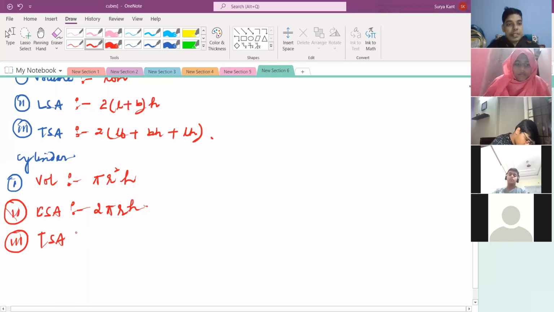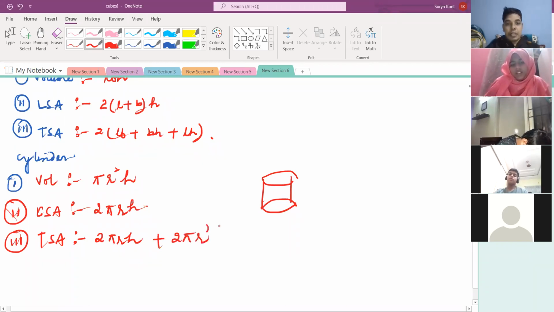And TSA is just to add the 2 circles: 2 pi rh plus 2 pi r square. So 2 pi r common, h plus r.